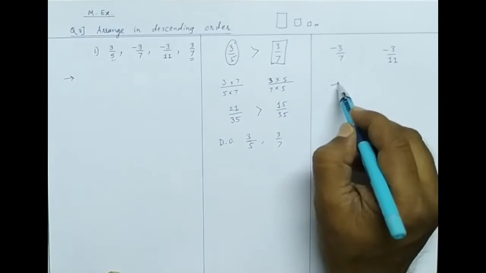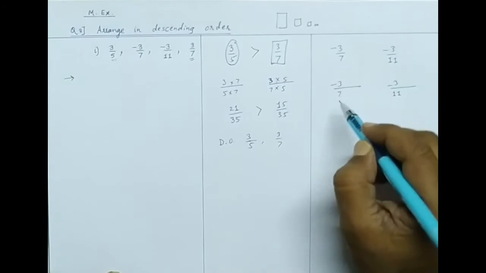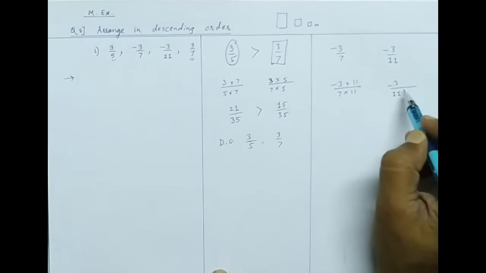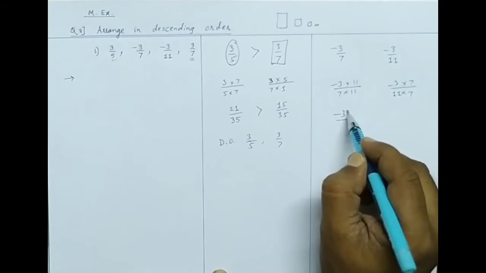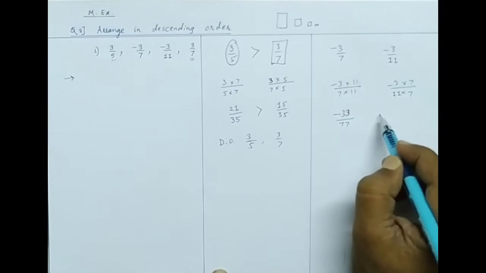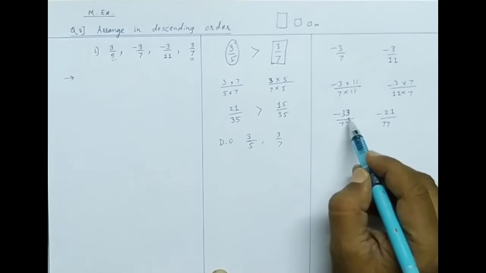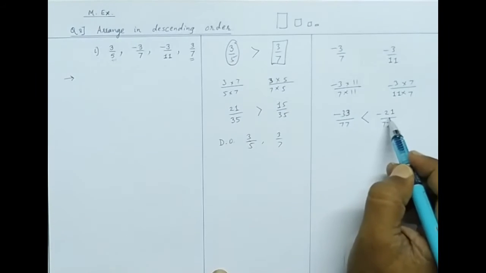Now here, minus 3 by 7 and minus 3 by 11. If we multiply with 11 here and 7 here, we get minus 33 upon 77, minus 21 upon 77. Now between minus 33 and minus 21, minus 21 is greater.